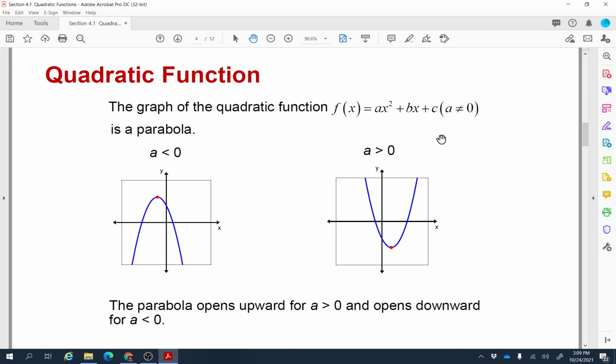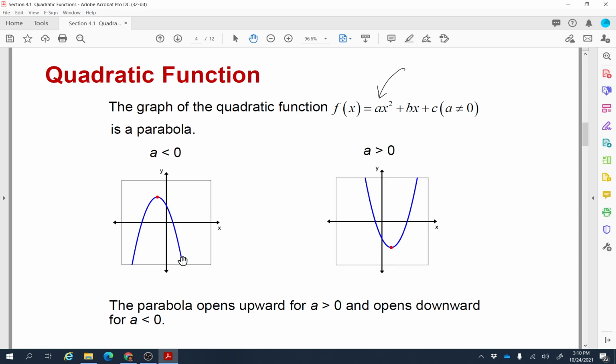Based on the value of a, which is the coefficient of x square, which might be positive or negative, you will have two different kinds of graphs. The first one is for when a is negative, and the second one is for when a is positive. The first graph is called concave downward, while the second graph is called concave upward.